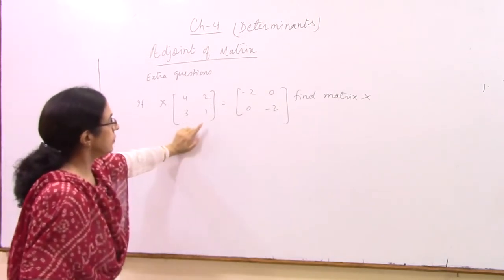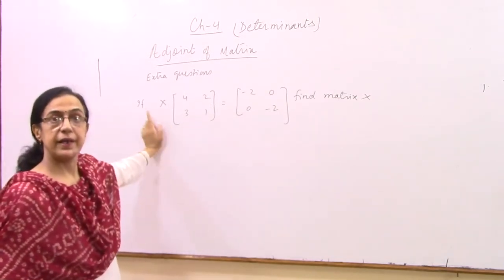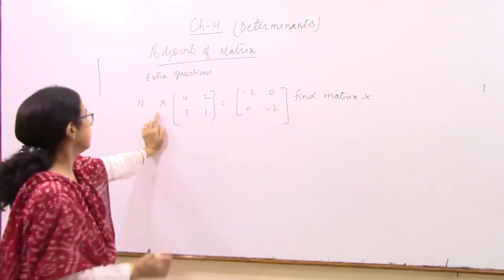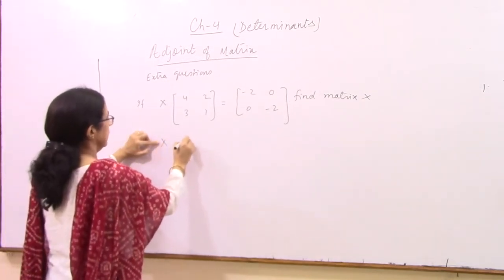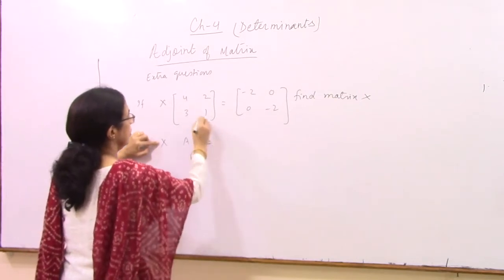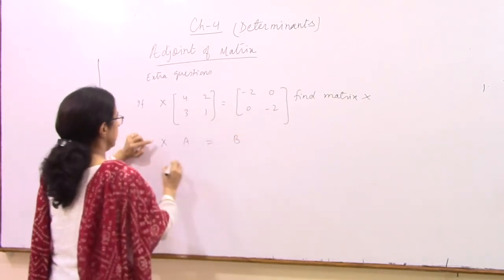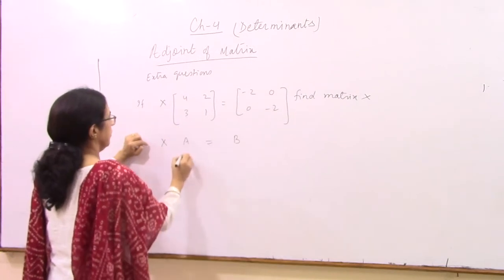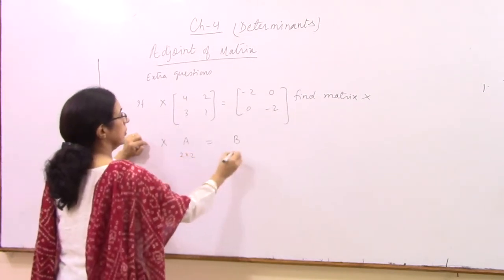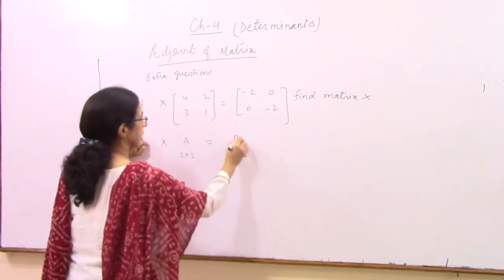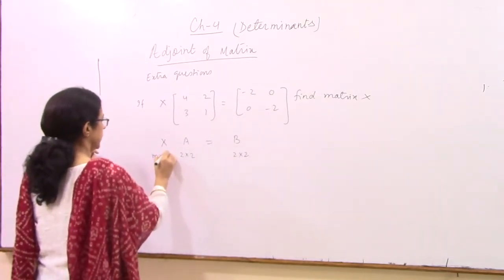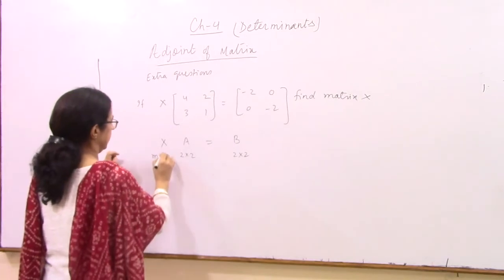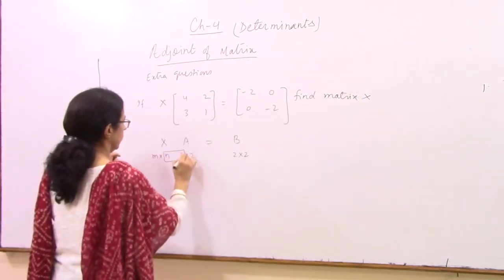ये सबसे पहले तो आपको इसका मैट्रिक्स X का ऑर्डर डिसाइड करना पड़ेगा. Suppose this matrix is X and it is A, and this matrix equal to B. Order of matrix A is 2 by 2 and this matrix B having order 2 by 2. Suppose order of X be m by n, then n equal to 2.